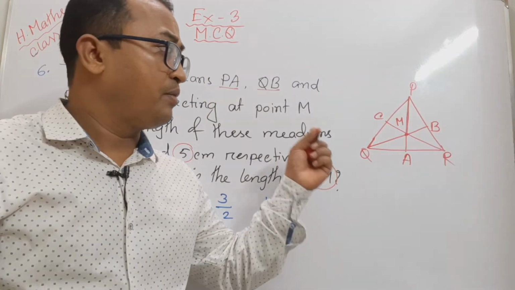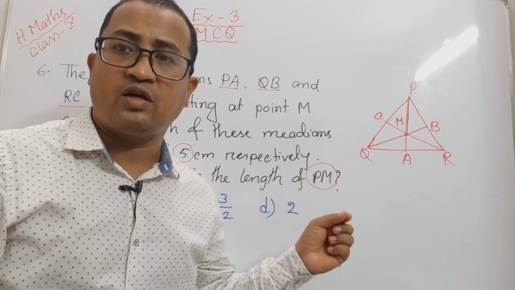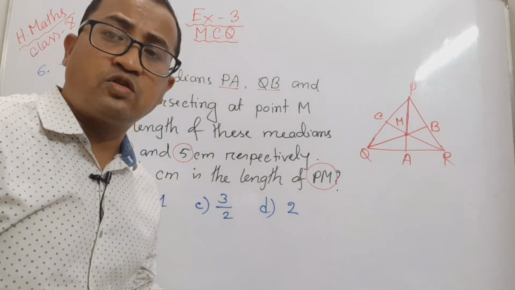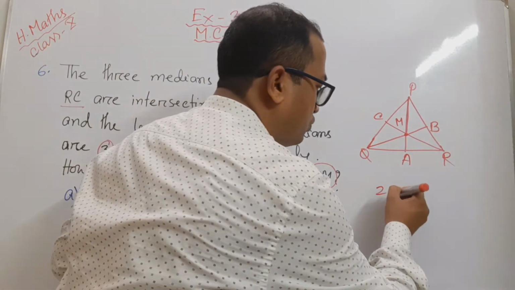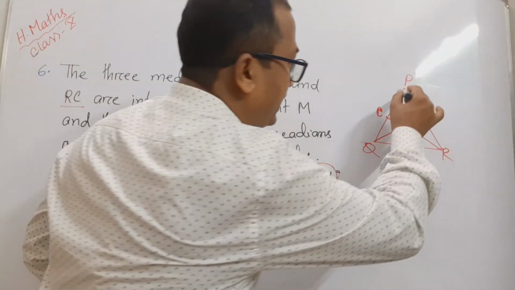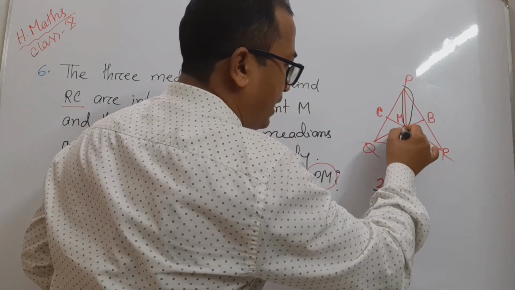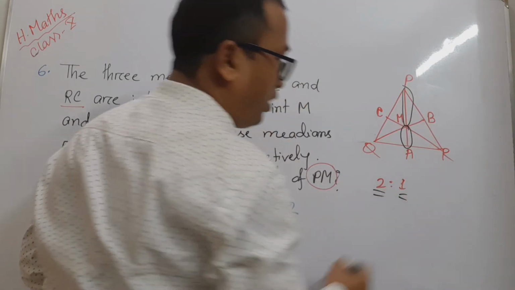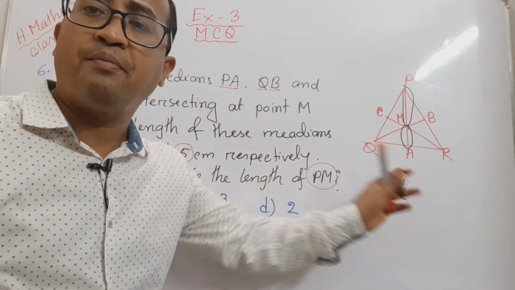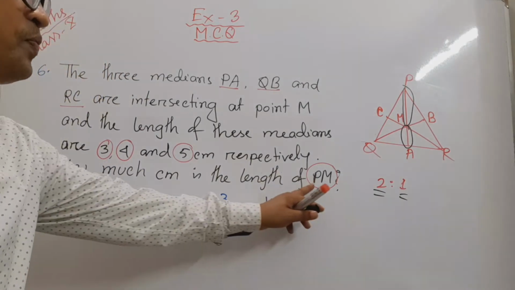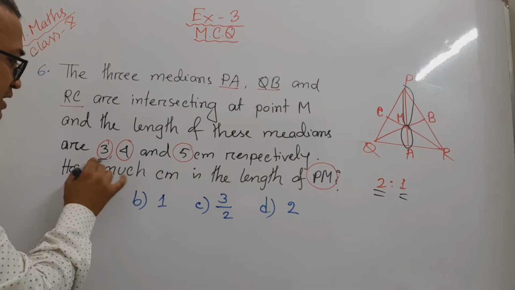We know the intersecting point of the medians is known as the centroid, and the centroid divides the median in 2:1. That is PM is 2 and MA is 1. So this is the ratio of PM to MA. We will find out PM, and the length of PA is 3 cm.